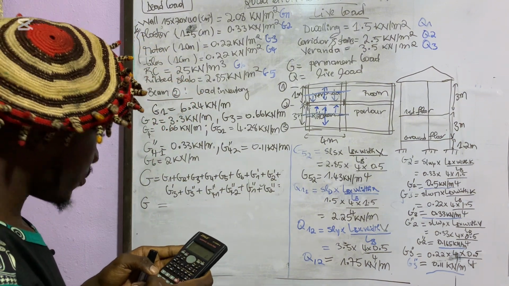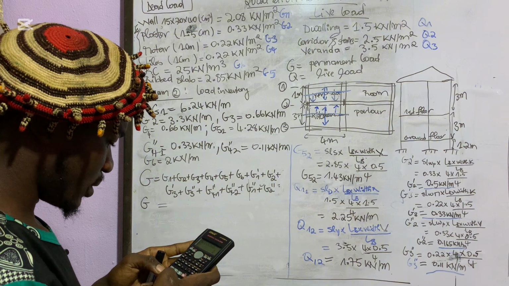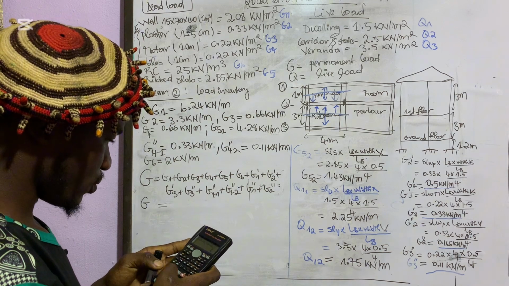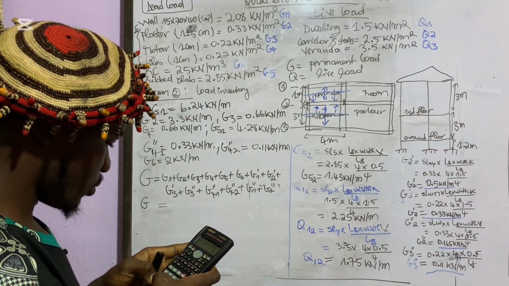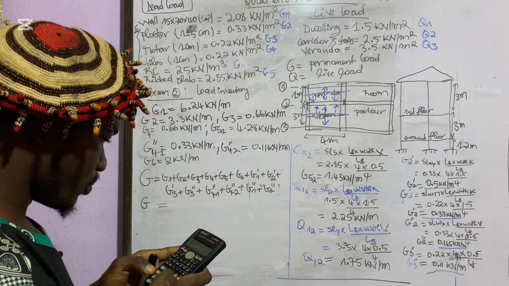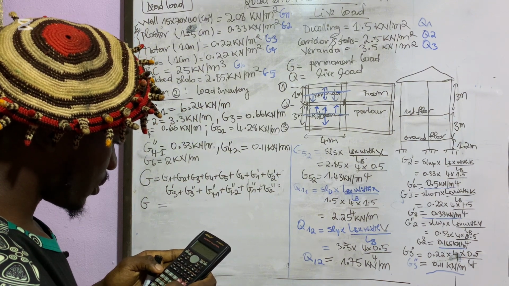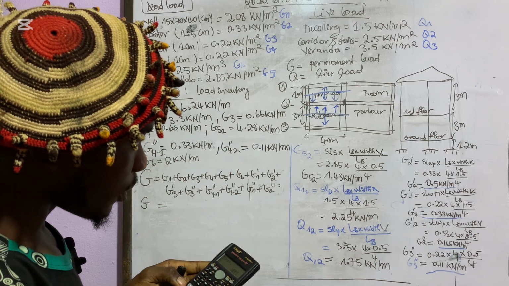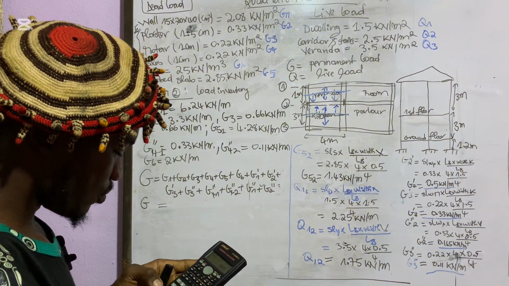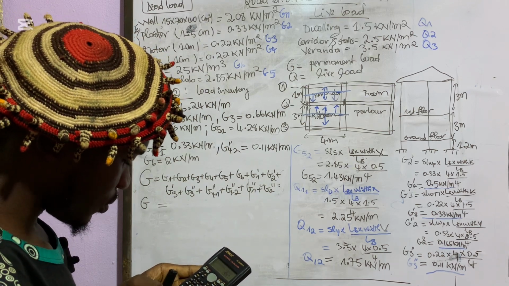We just have to sum them. 6.2 plus 3.3 plus 0.66 plus 0.66 again plus 4.28 plus 0.33 plus 0.11 plus 2 plus 1.43 plus 0.5 plus 0.33 plus 0.165 plus 0.11.